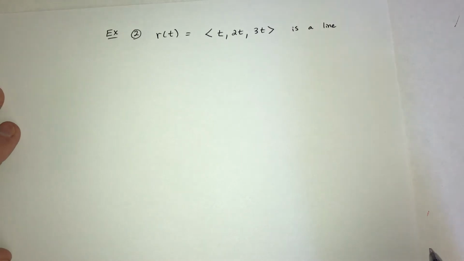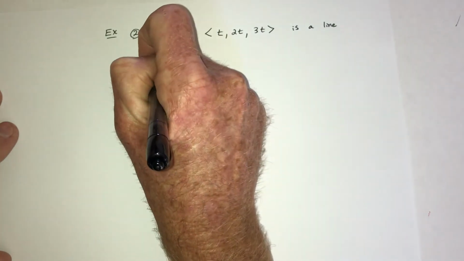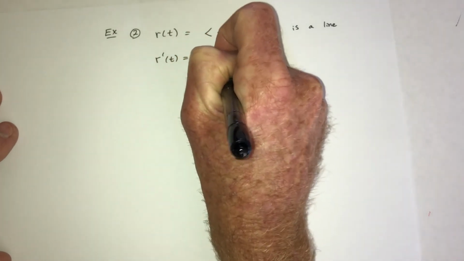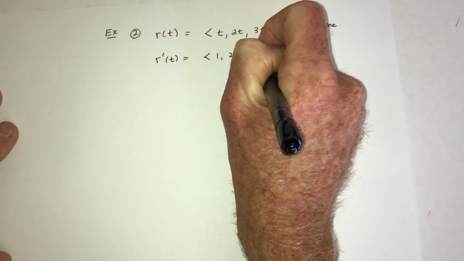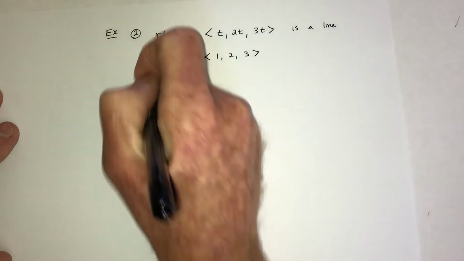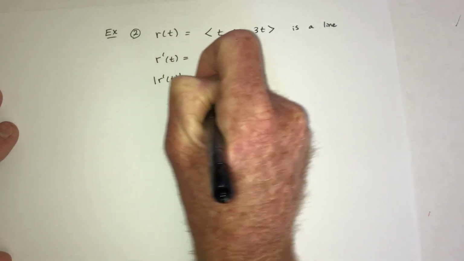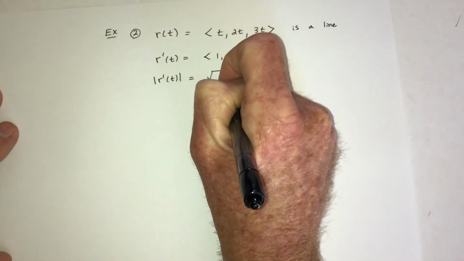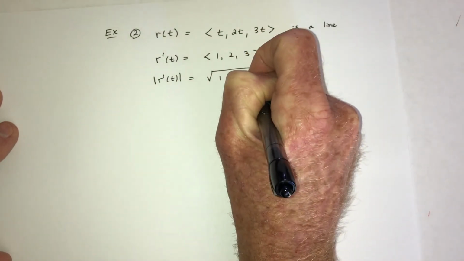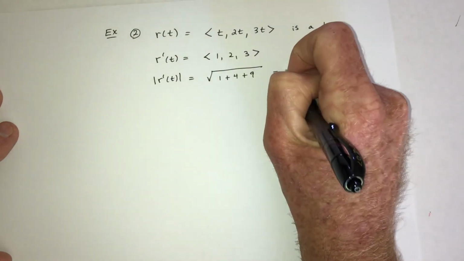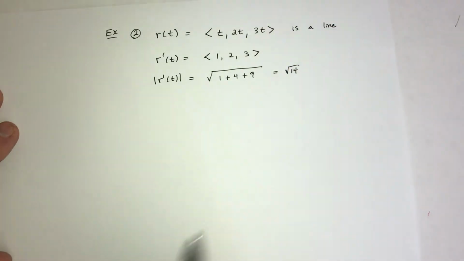All right, let's see. So the first thing we need is the derivative. So that's going to be 1, 2, 3. That was nice. Now find the length of that. So that'll be the square root of 1 plus 4 plus 9. So that is the square root of 14. All right.